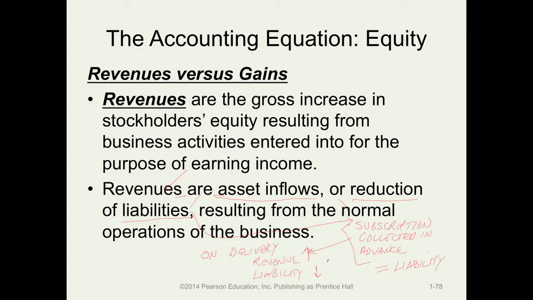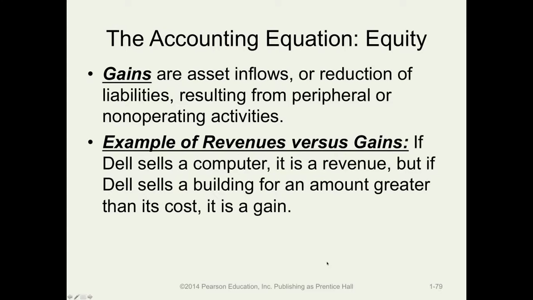So on delivery of the magazine or giving access to the individual that paid the subscription to have that magazine or that periodical online, that is delivery. When delivery is made, revenue goes up, liability is decreased. Gains, although they increase your wealth, are not from normal operations. They are asset inflows or reduction of liabilities from peripheral or non-operating activities.